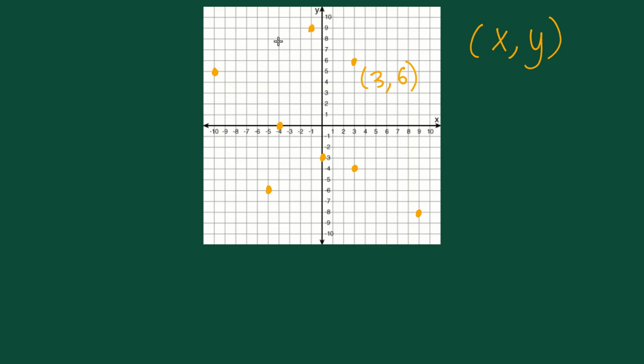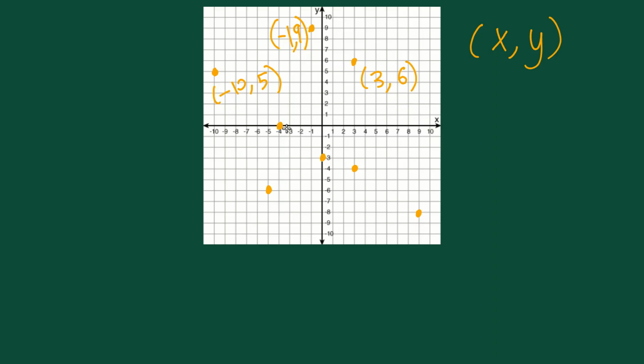This point. Our x is a -1. Our y is a 9. So -1, 9. This one. Our x is a -10. Our y is a 5. That's quadrant 2.